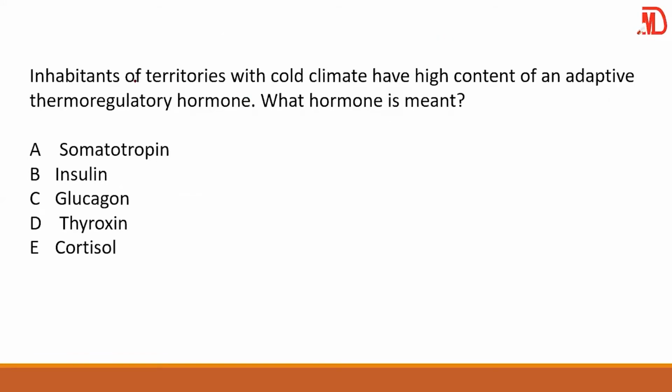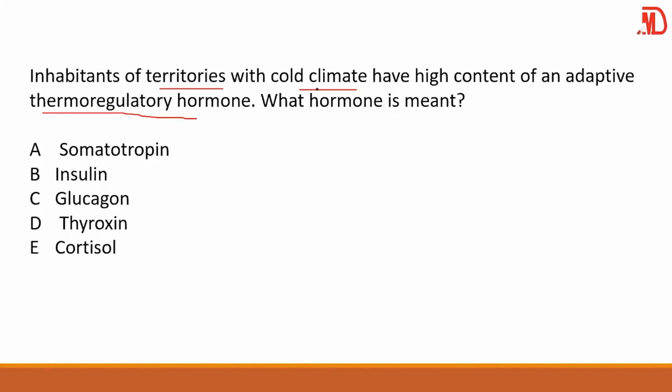Inhabitants of territories with cold climate have a high content of adaptive thermoregulatory hormone. What hormone is it? So usually, what controls the basal metabolic rate? The basal metabolic rate or cellular metabolic processes is controlled by thyroxine.